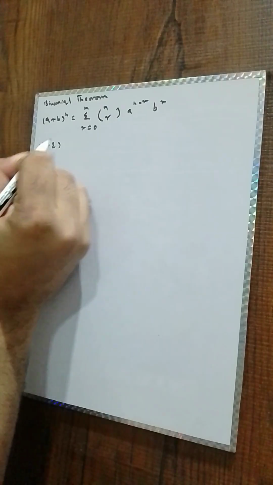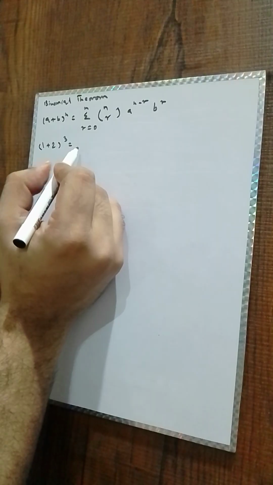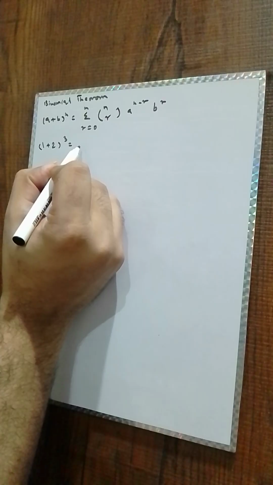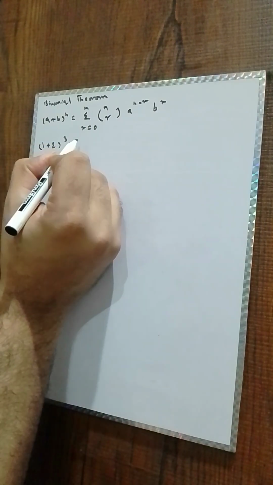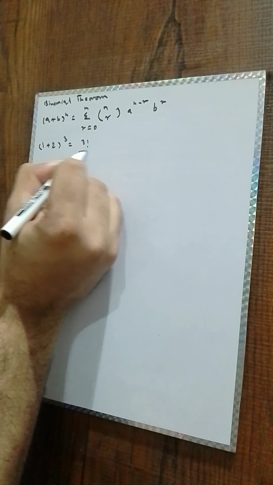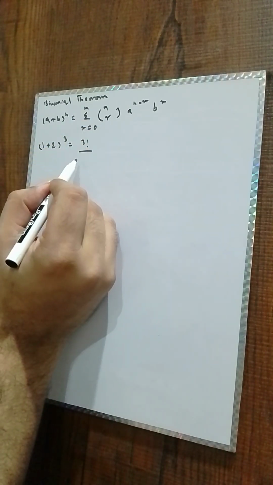Okay, so if we have a form which says 1 plus 2 raised to the power 3, and we are supposed to open it up with the binomial theorem, the structure would be... n factorial by r factorial, n minus r factorial.